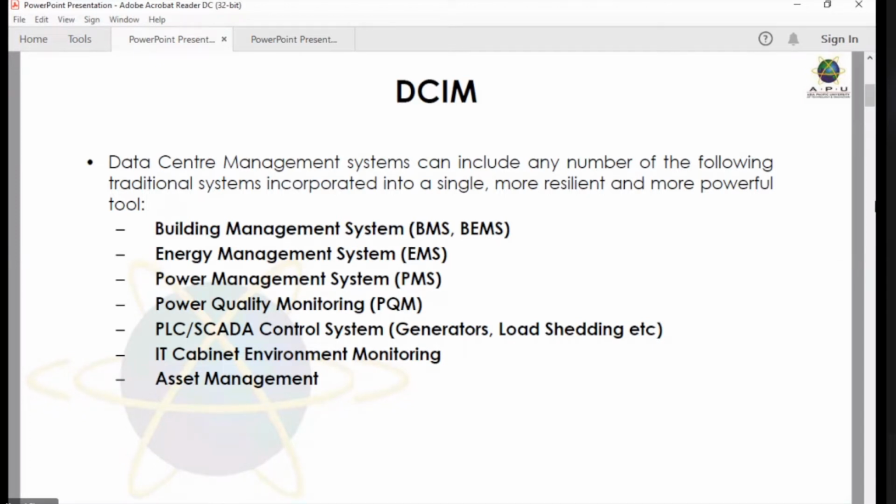And then there are also other management systems such as power management system, power quality monitoring, PLC SCADA control system related to generators, load setting, IT cabinet monitoring, environment monitoring system, assets management. So there are various types of management systems in data centers, but in our course we'll be discussing BMS and EMS, okay, building management system and energy management system.